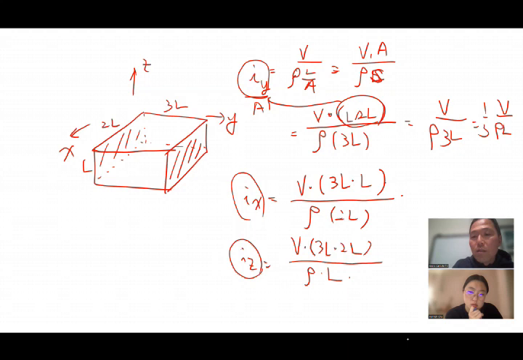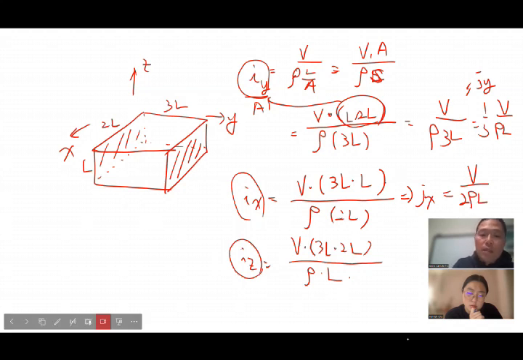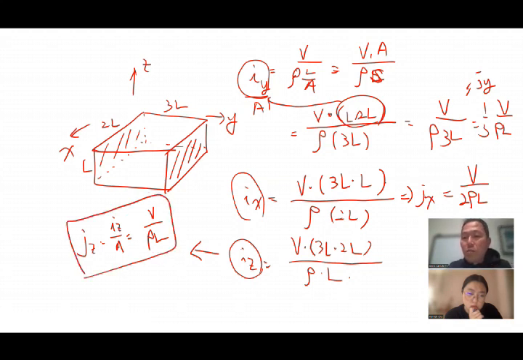And this one is Jy, and Jx is, what's that? V over 2 rho L, and Jz is Iz divided by A, so that should be V over rho L. So let's see, which one is the highest number?